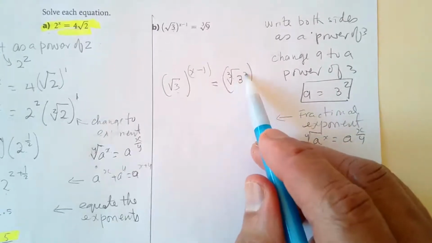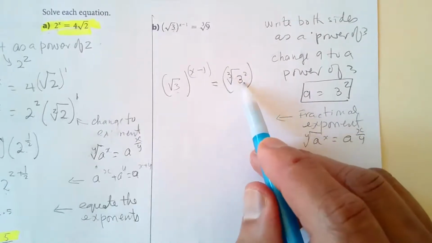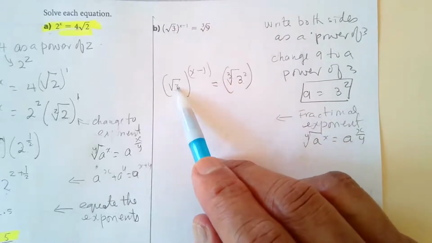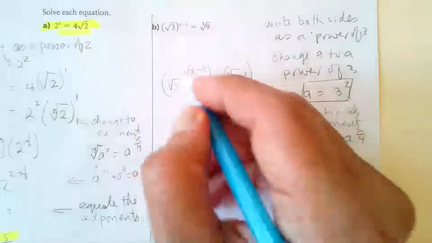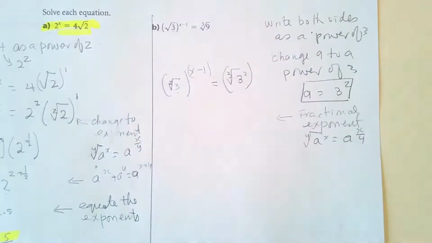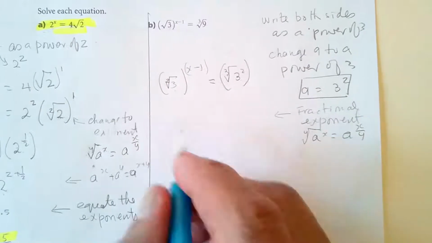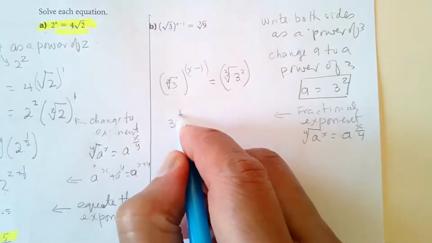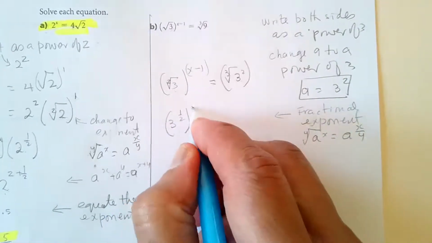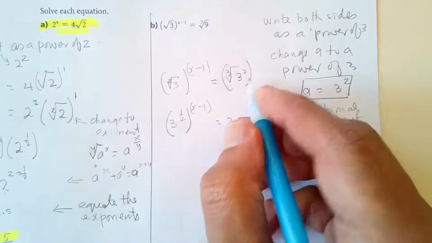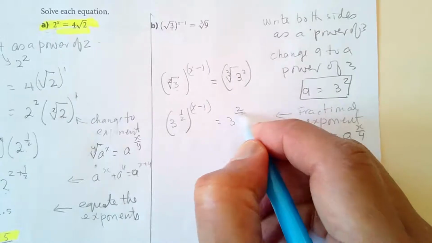So I'm going to change this to 3 to the power 2 over 3. Remember, this is a 2 there. I'll change that into a half. So it becomes 3 to the 1/2 bracket x minus 1 is equal to 3 to the 2 over 3.